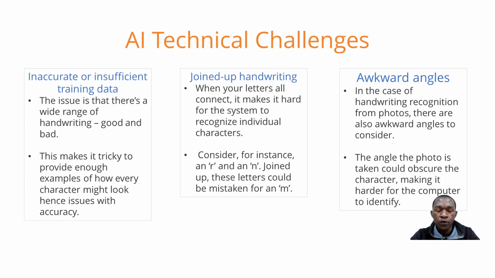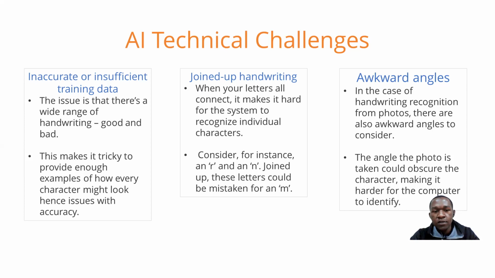So you find that people have different handwritings. Some are good, and by good I mean the characters are easily distinguishable, and some others are bad. Of course, this makes it tricky to provide enough examples of how every character might look. Hence, this leads to issues with accuracy of the system.